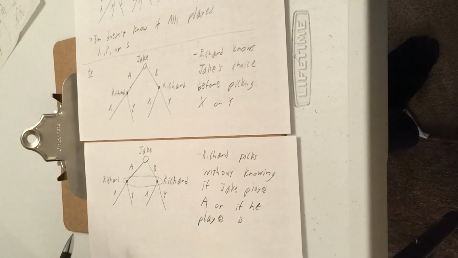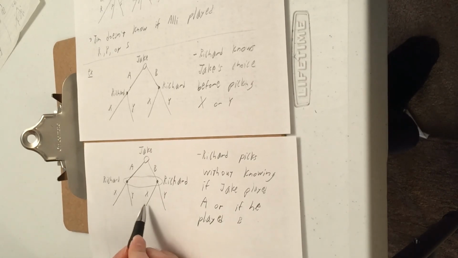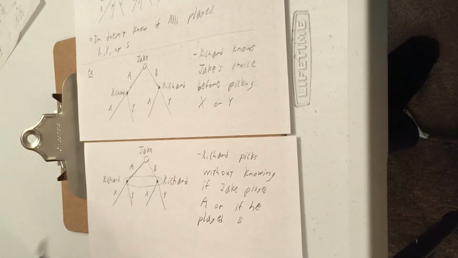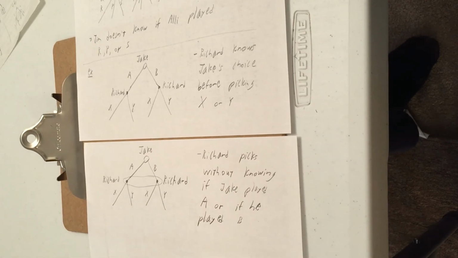You can't play Y if A, X if B. That's because, again, Richard does not know which one Jake has picked. If you don't know what Jake did, you can't condition your response on what Jake did because you don't know it.